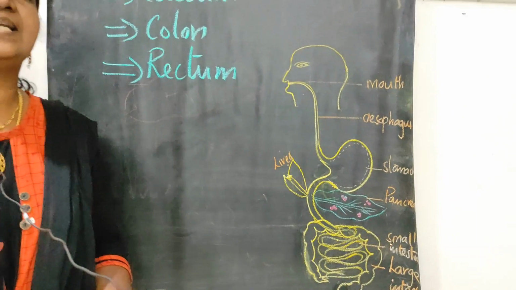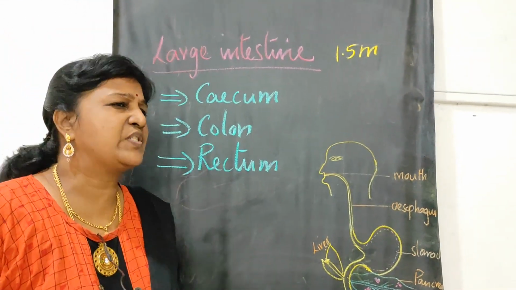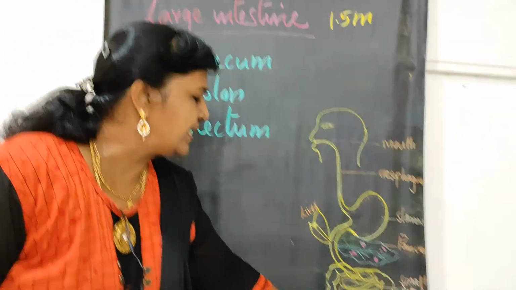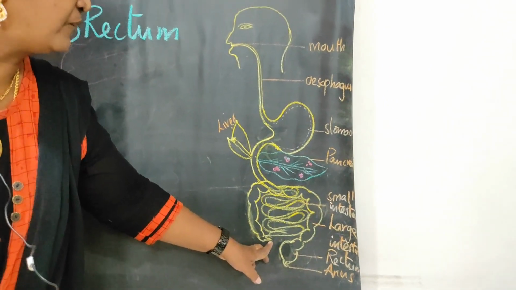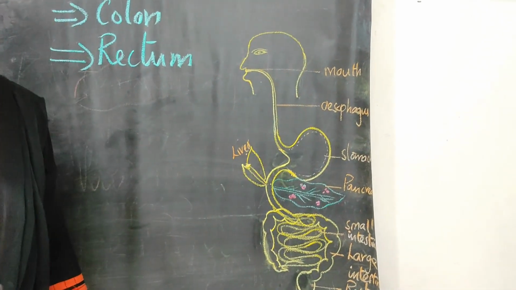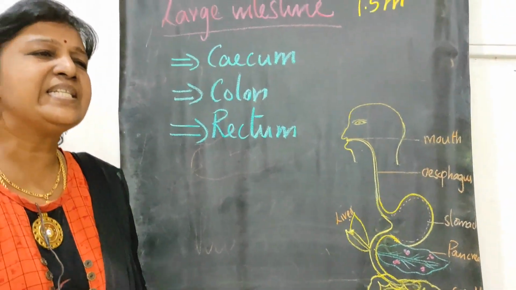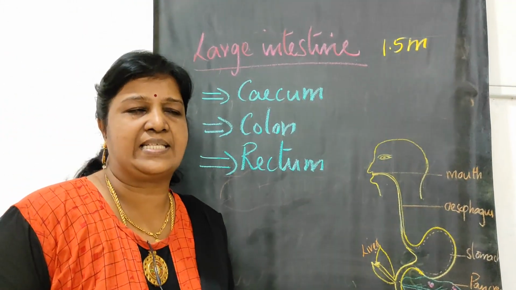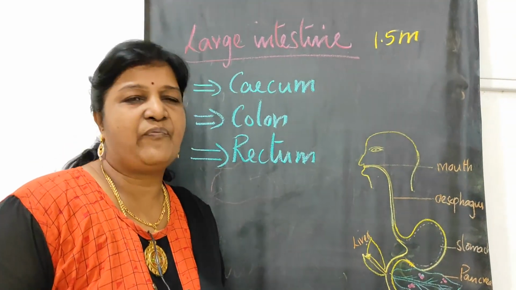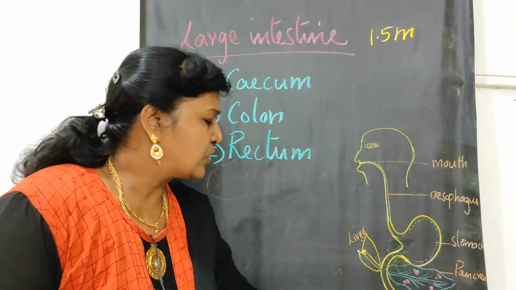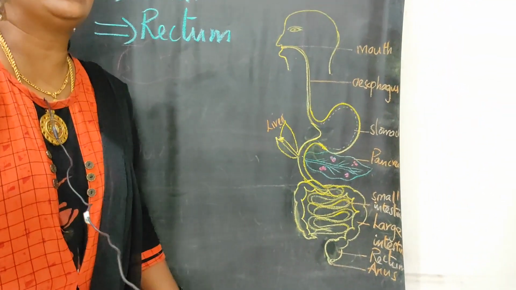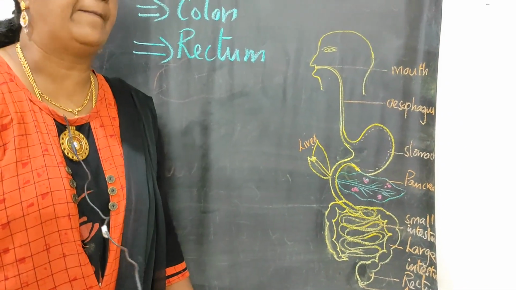From the blind end, a finger-like structure called the vermiform appendix arises, and it is a vestigial organ. Vestigial organ means it's functionless. So the vermiform appendix is a vestigial organ in human beings.